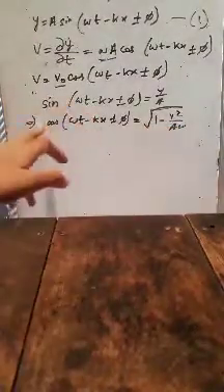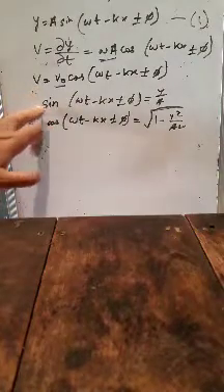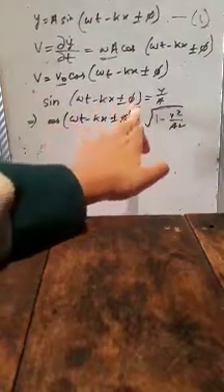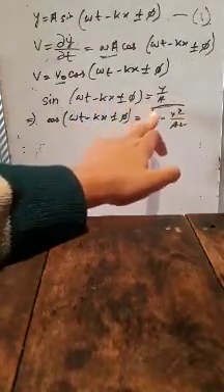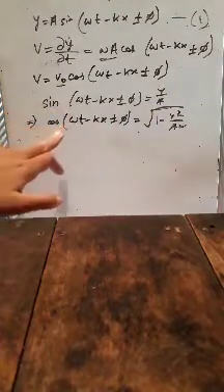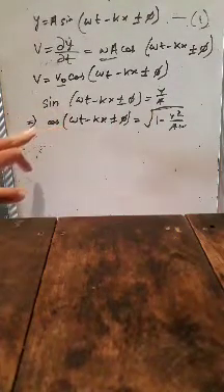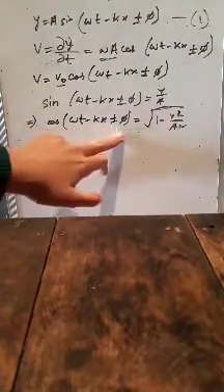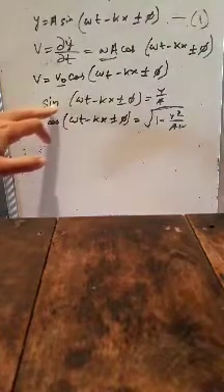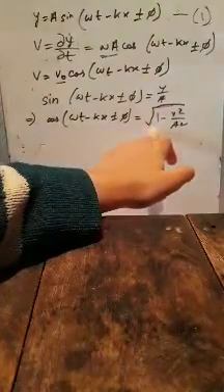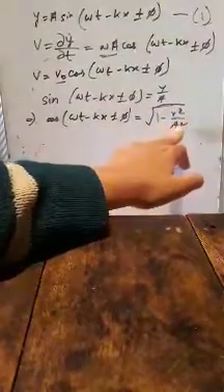Let me explain this first. We had in the previous equation sin within bracket (omega t minus kx plus minus phi) equal to y by a. In the next equation we are putting it as cos within bracket (omega t minus kx plus minus phi). If you want to express this sin term in the cos term, you will get the value as root of 1 minus y square by a square.